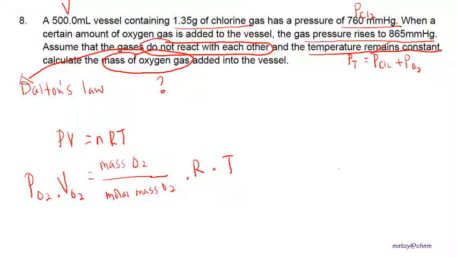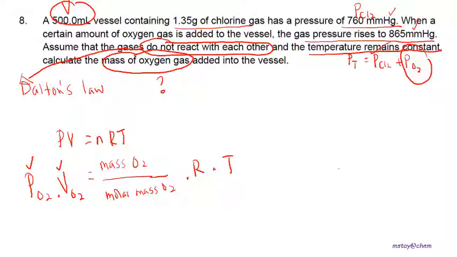Based on the question, the partial pressure of oxygen will be 865 minus 760 millimeter mercury. Volume is 500 ml. Even though the container consists of chlorine gas and also oxygen gas, the volume of the oxygen gas will still be the same as the volume of the container, which is 500 ml.